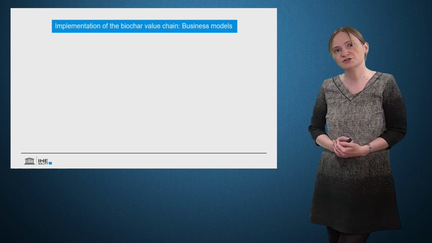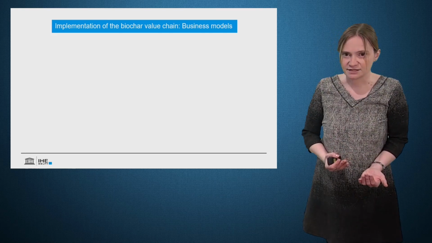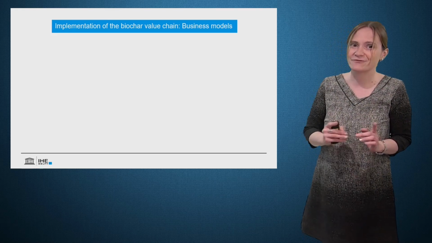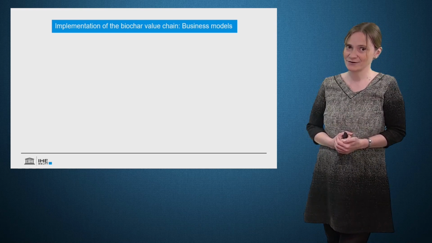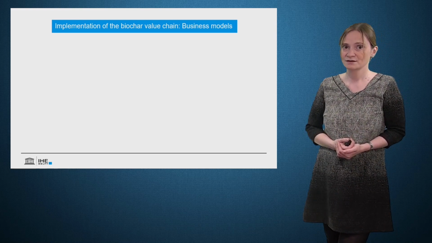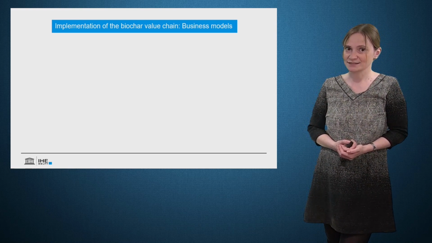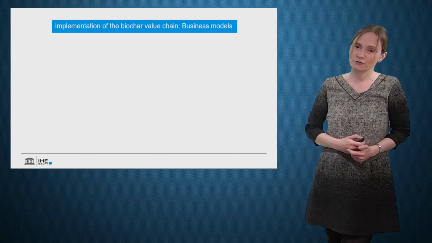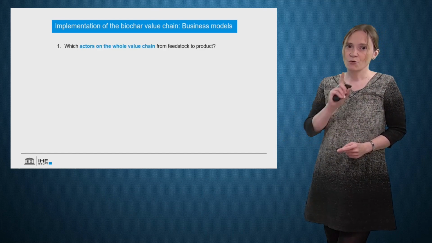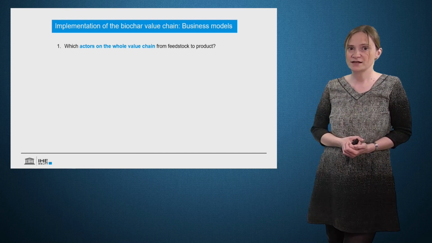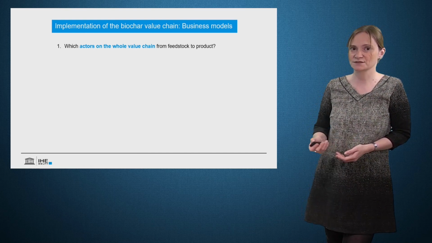When developing a value chain, of course, the technical aspects are crucial. However, when it comes to implementation, economy is also a key word, and the business models related. Two questions need to be thought of. First, which actors in the whole value chain from feedstock to product? This implies two sub-questions.